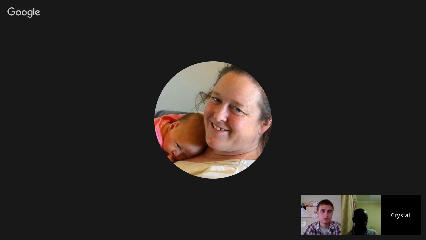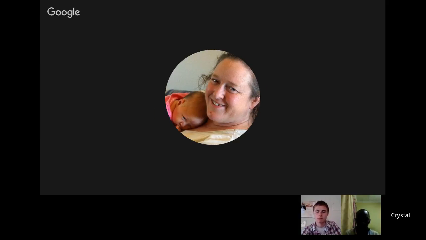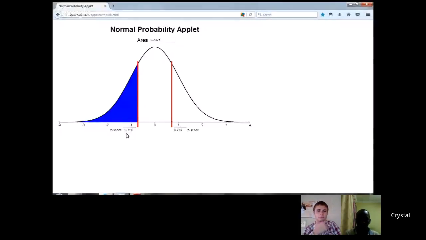So it's 0.60 minus 0.65, and then divide by 0.07. And that gives the negative 0.714, which is what we put into the applet right here.